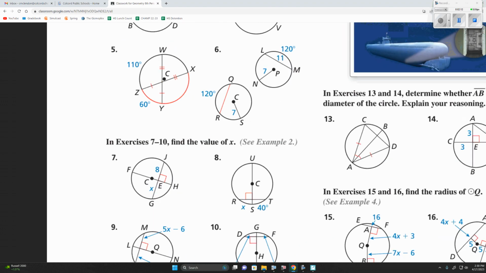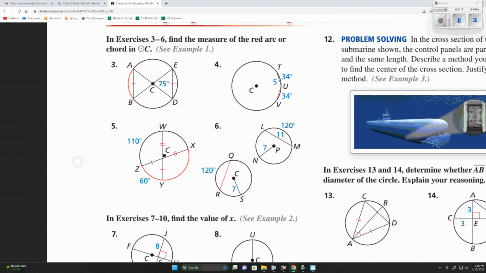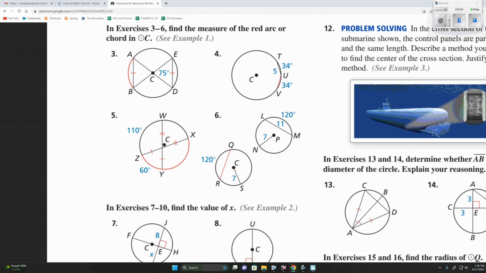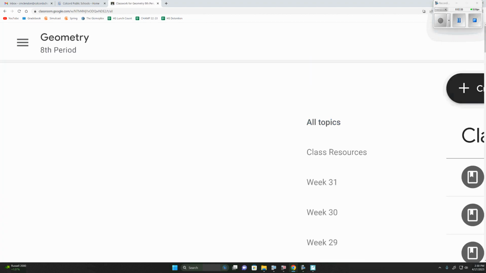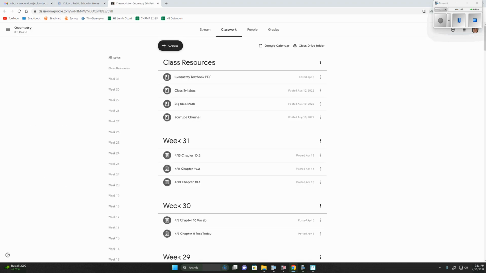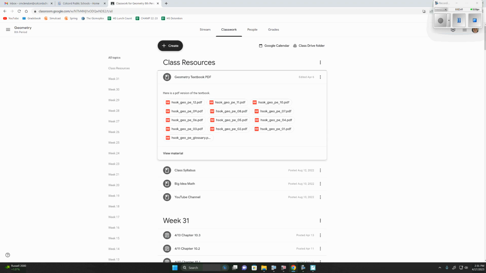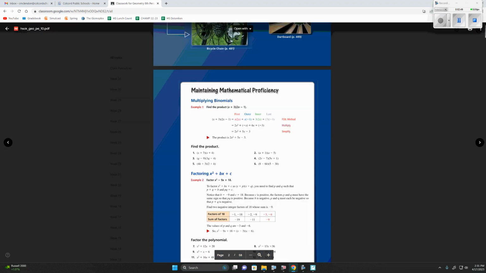So we look at this here. We're trying to see what is the measure of the red arc. Find the measure of the red arc or chord in circle C. So we know that congruent chords, so according to our, well, apparently it's just going to zoom in. All right, let's try this again.